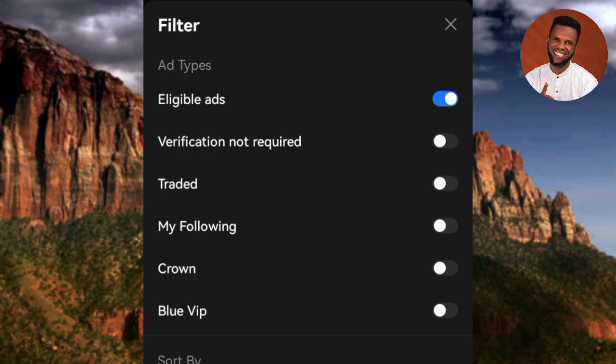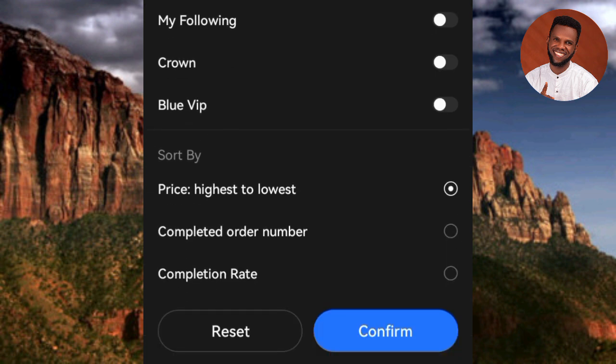And in case you want to sort the buyers by highest to lowest volume, you can select the first option. You can see selected. Then if you want to sort the buyers by completed order numbers, you can go ahead to select the second option, or by completion rate, you can go ahead to select the third option. But I want to sort the buyers according to highest to lowest price. So I want the buyers with the highest price to be at the top.